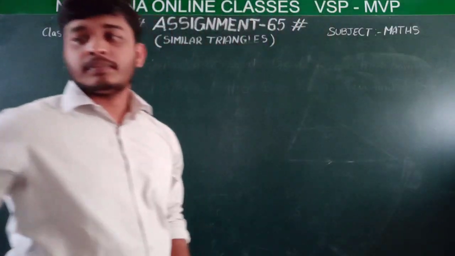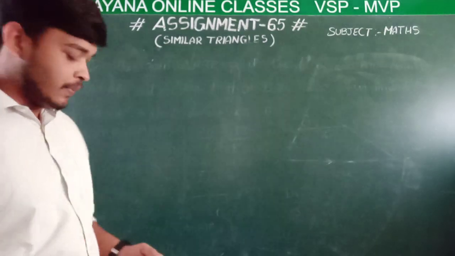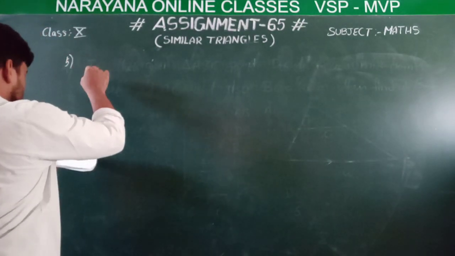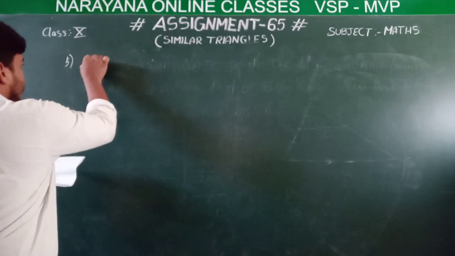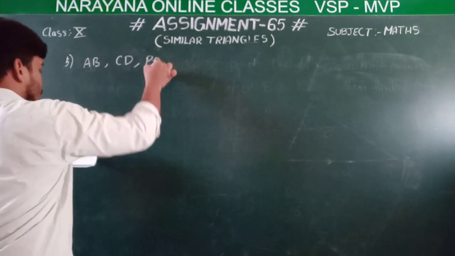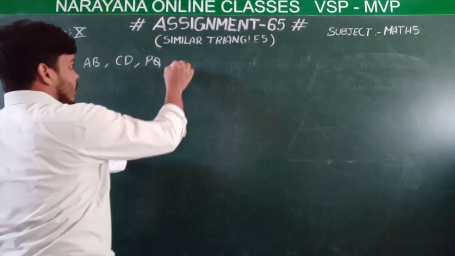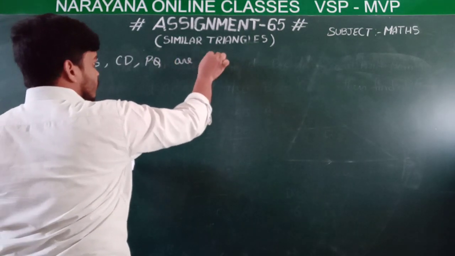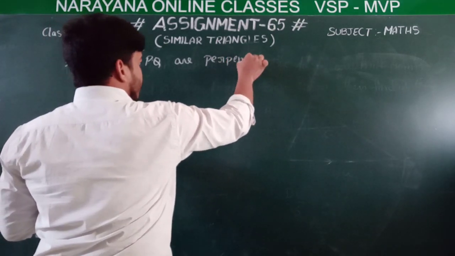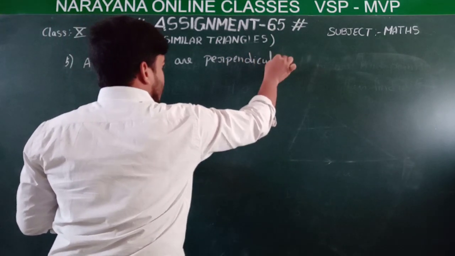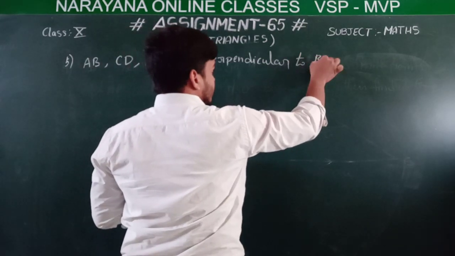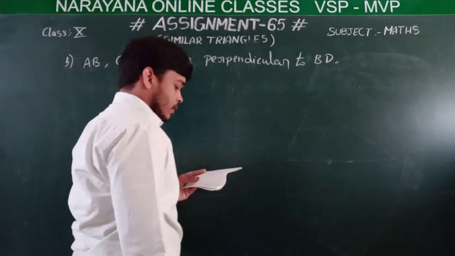Now the next one, fifth one. AB, CD and PQ are perpendicular to BD, right?